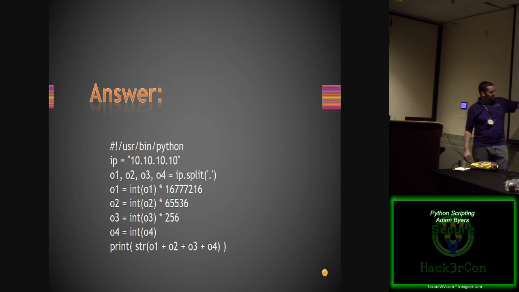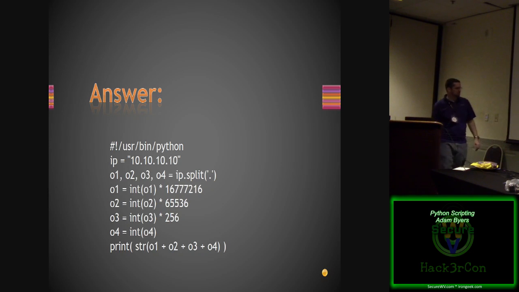Then I took octet 1, turned it into an integer so that I could multiply it by this. Octet 2, I did that with the entire thing there. Added them all together and turned it into a string so that we could print it. I guess that wasn't really necessary specifically. So then that'll print out the numeric value of that IP.